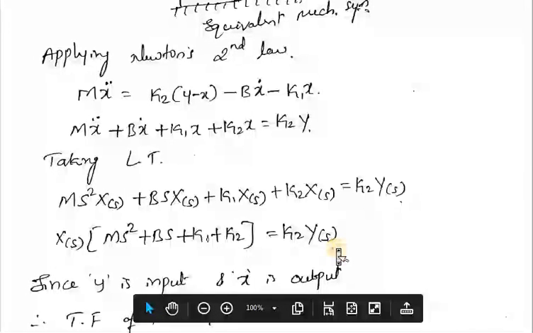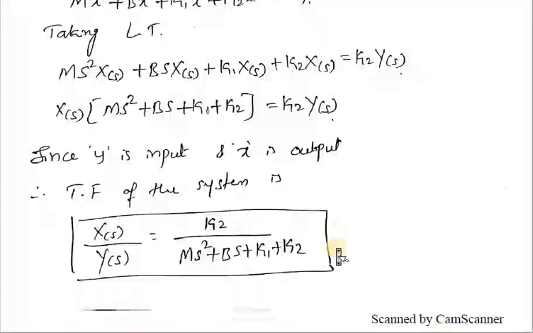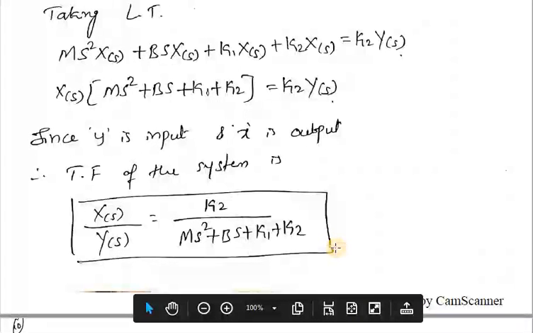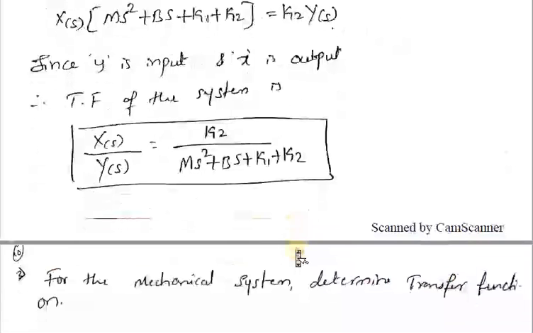Again here y is the input and x is the output, so the transfer function is output by input. So X(s) by Y(s), taking this ratio, you will get k2 divided by (ms² + bs + k1 + k2). So this is the transfer function for the given problem.